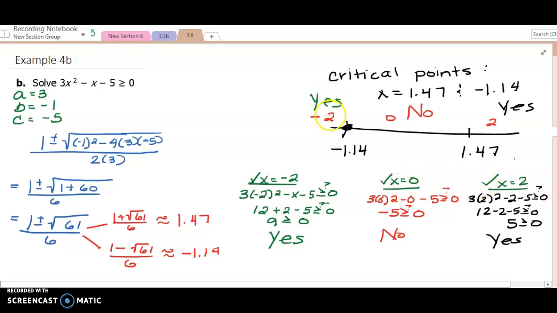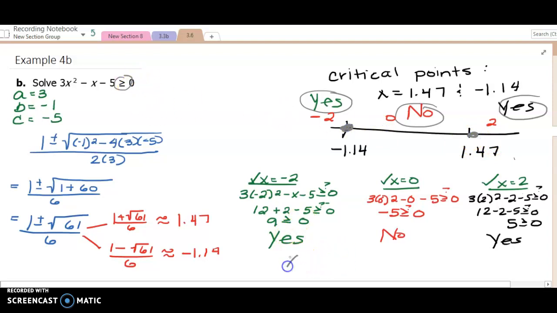And what I got is negative 2 is a solution. Between them, the 0 is not, and the 2, which is greater than the second critical point, the bigger one, is yes. So what we would write, and remember we're talking about greater than or equal to, so the critical point is included, because of the equal to sign.